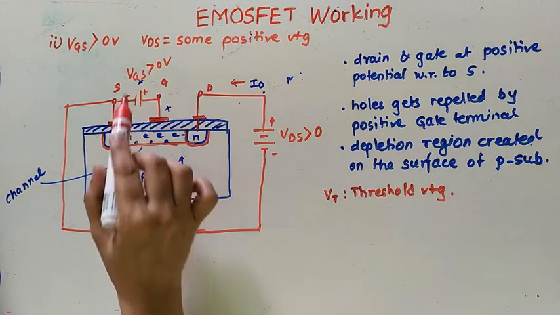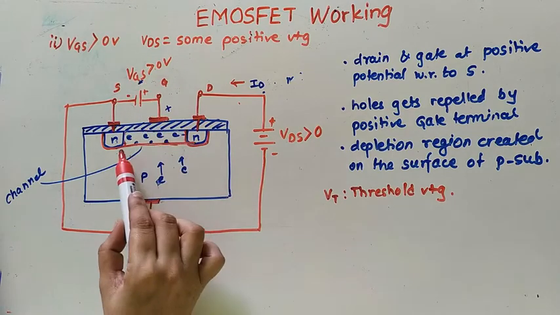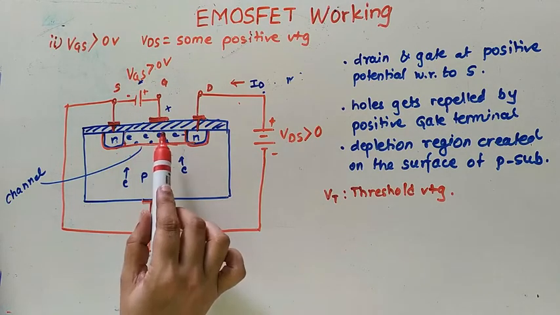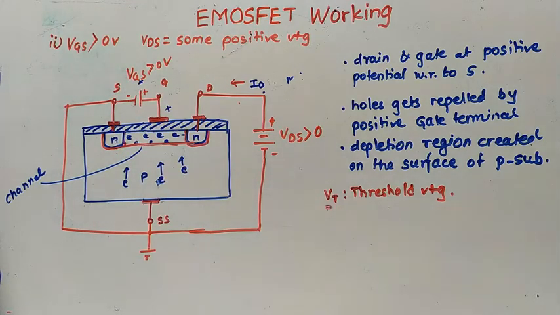Due to the significant increase of VGS, the current establishes; that significant value of VGS is nothing but the threshold voltage VT.